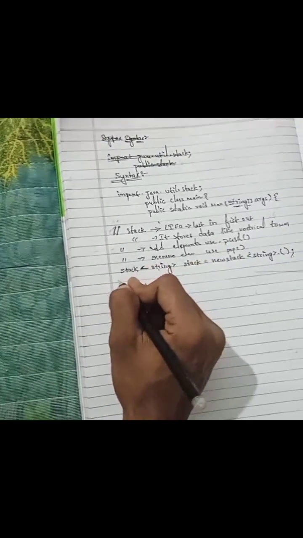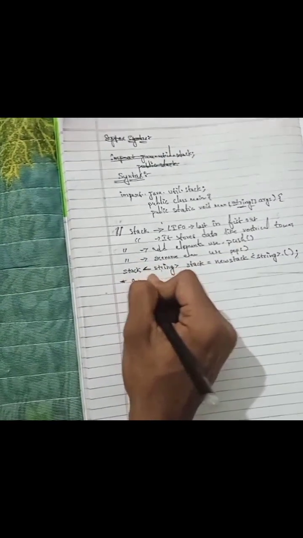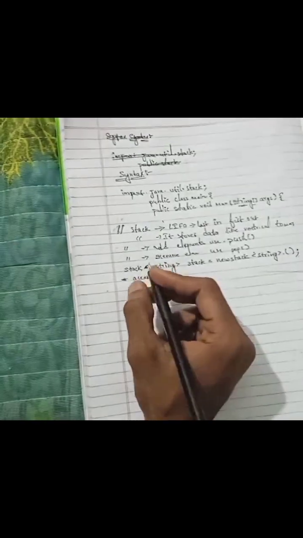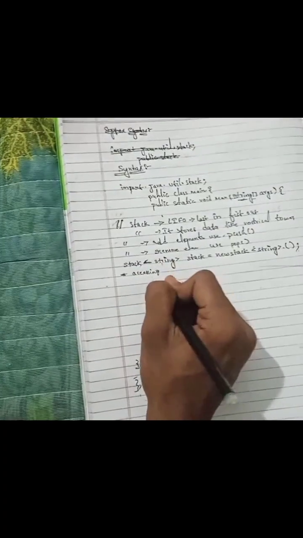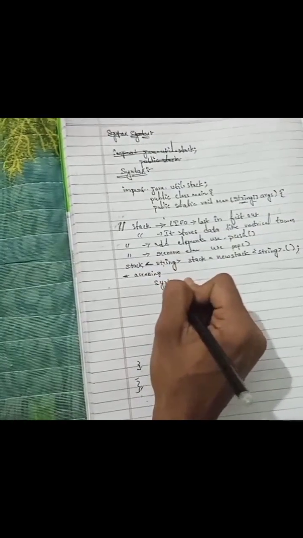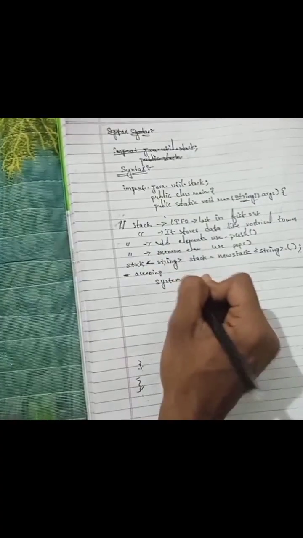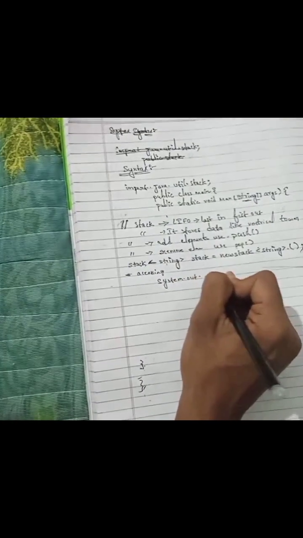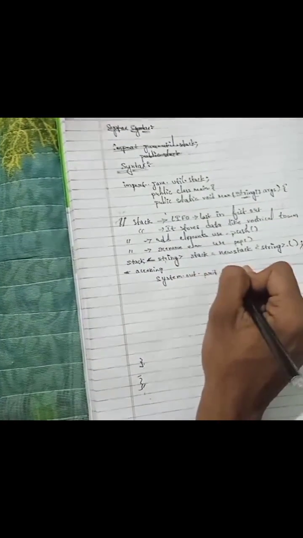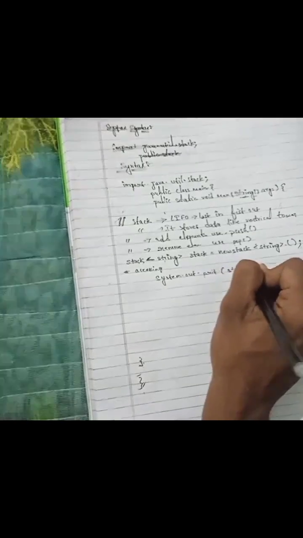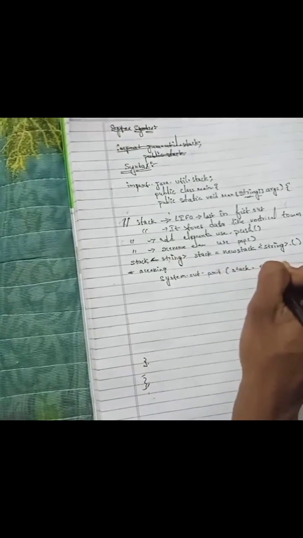And to access these elements right now, System.out.print, stack.empty. Empty is one of the syntaxes to access the elements.